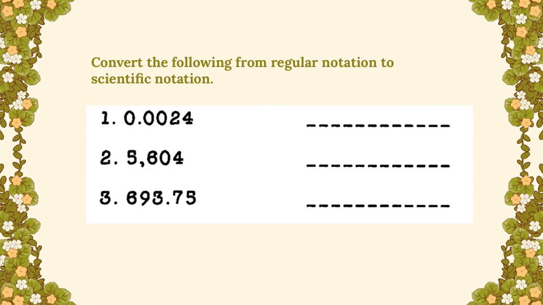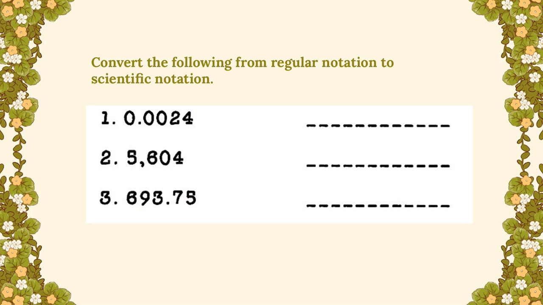Okay, so now we're going to convert some examples from regular notation to scientific notation. Here, I'm going to look at how I can move the decimal forward or back to make the first factor between 1 and 10.